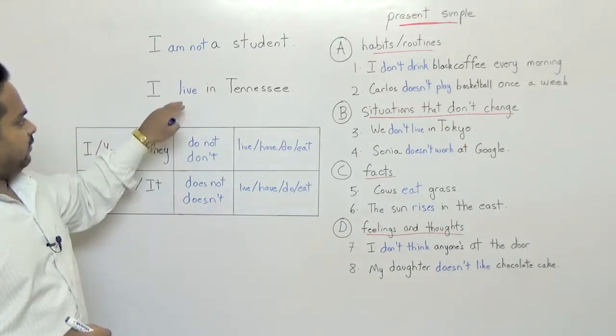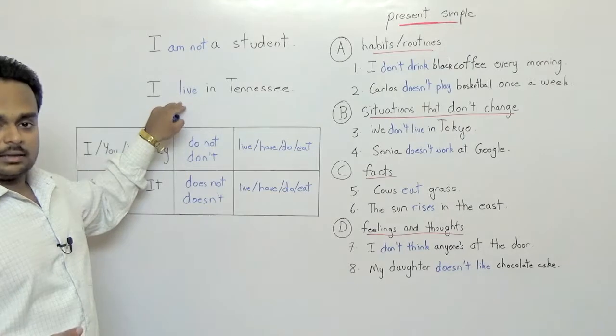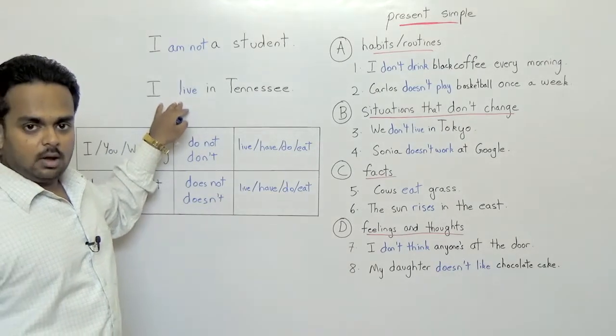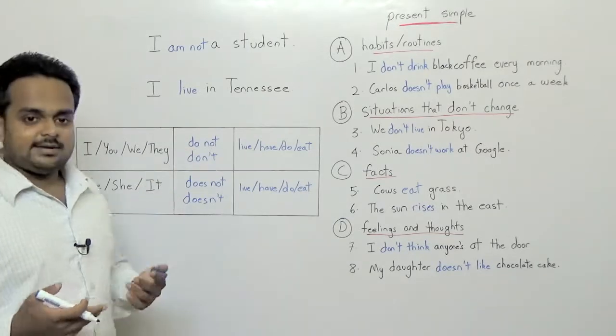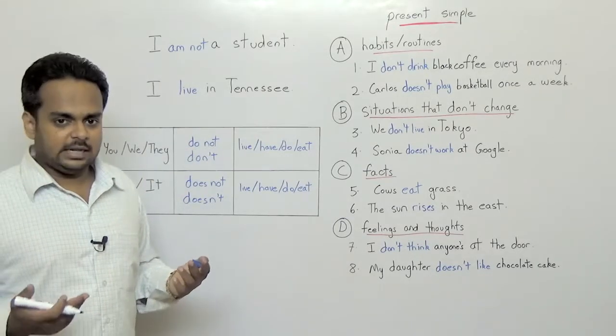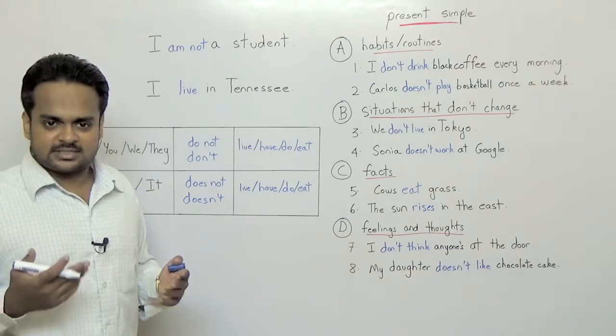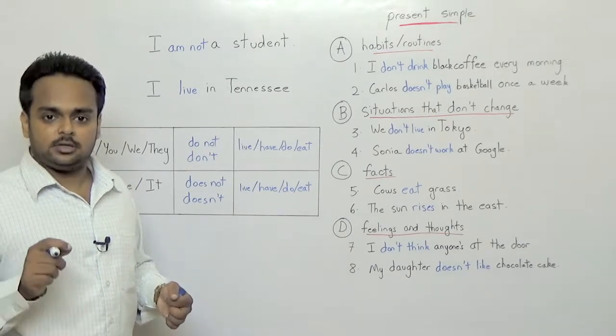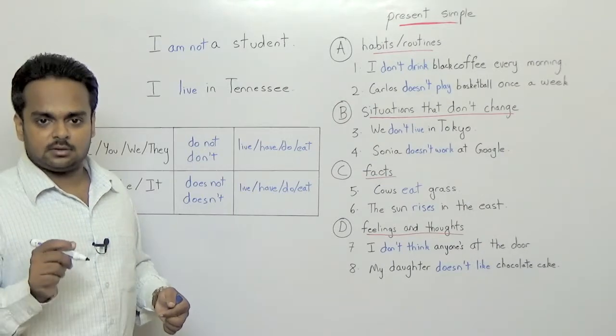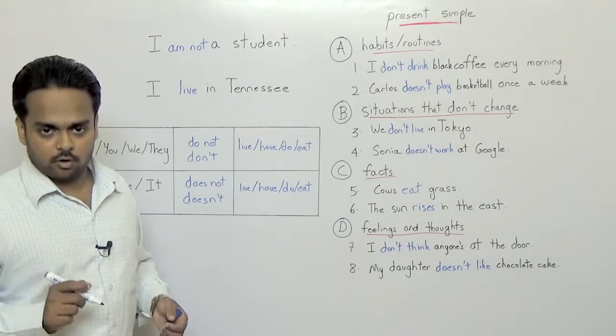But what about if you have another verb, like live, eat, etc.? Well, in that case, you can't just add not. I not live in Tennessee. I live not in Tennessee. That doesn't sound correct. That's because you have to add not to the hidden verb or the helping verb.